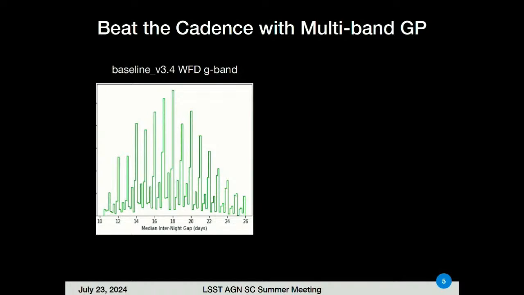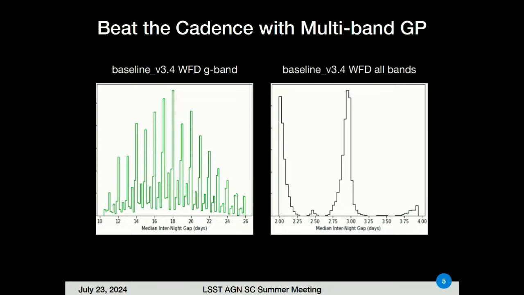So that is the cadence, right? This on the left shows the median inter-night gap in the g band, which ranges from 10 days to 26 days to 20 days. This is not enough for many science cases, for example, looking for intermediate-mass black holes.